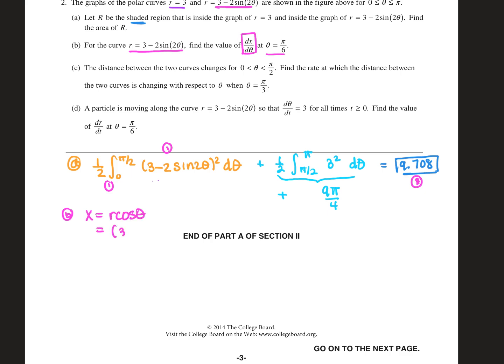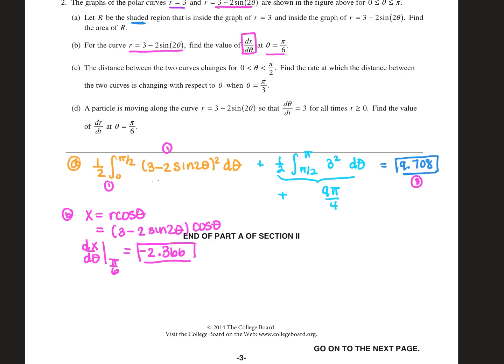So then r is 3 minus 2 sine 2 theta, and then multiply it by cosine theta. Now, since this is a calculator problem, I would put that straight in and go ahead and take the derivative dx d theta and evaluate it at pi over 6. And that works out to be negative 2.366.